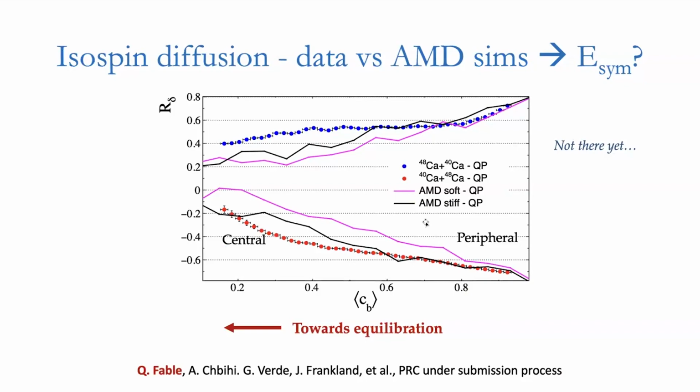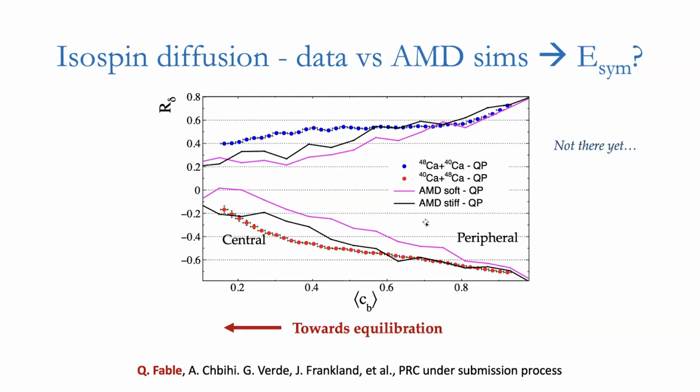What you observe in the data, these data points here, in peripheral collisions, this R value is very large. So there has been a very small exchange of neutrons and protons between the projectile and target. So it's not 1, because it's not full transparency, but you exchange something. When you go to smaller and smaller impact parameter, there is more overlap between projectile and target.